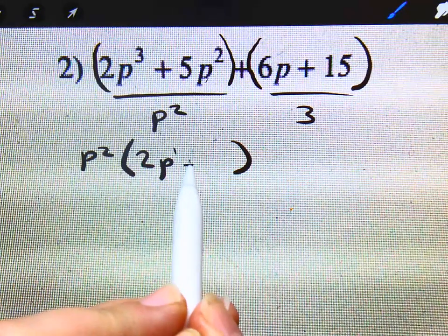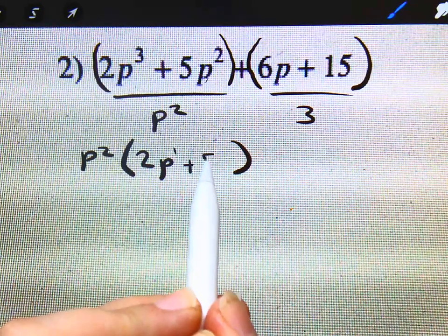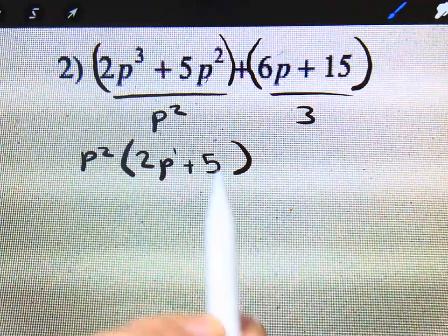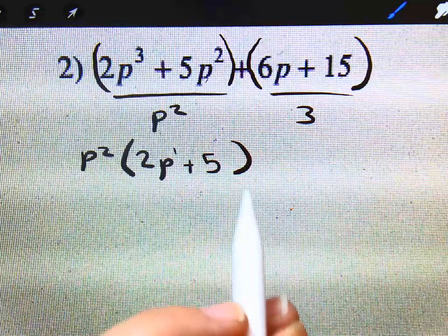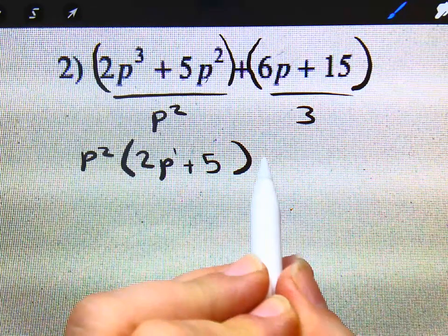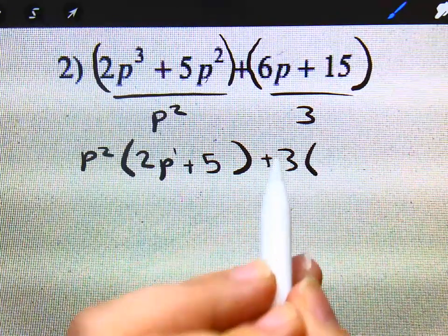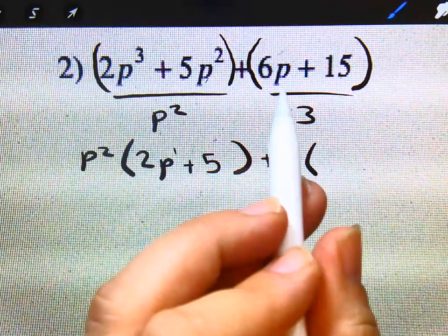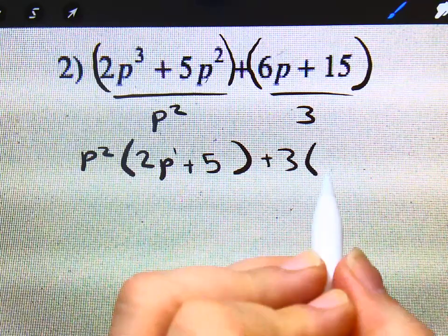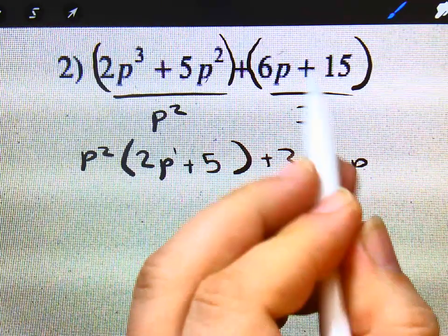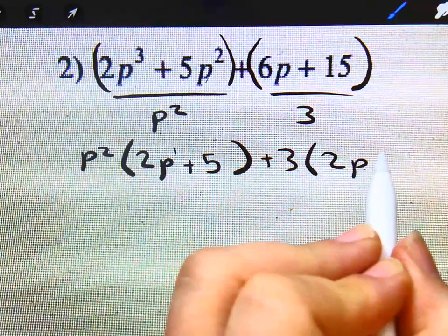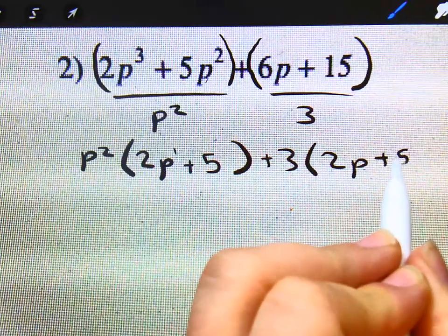So either way you view it, it's the same thing. So my 5 and just 5, nothing else is going to be there. Over here we have a plus 3 because the 3 is what I'm dividing by. So 6p divided by 3 gives me 2p, plus 15 divided by 3 is 5.